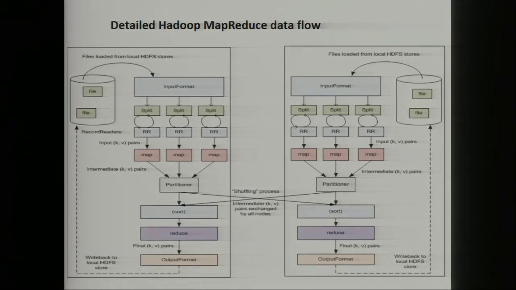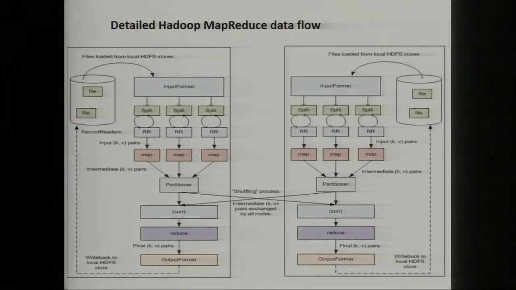Suppose there are words like: welcome to Hadoop, welcome to MapReduce. So there are two statements: welcome to Hadoop is one, welcome to MapReduce is another. These two lines will be split into words. First we take welcome to Hadoop, next welcome to MapReduce.